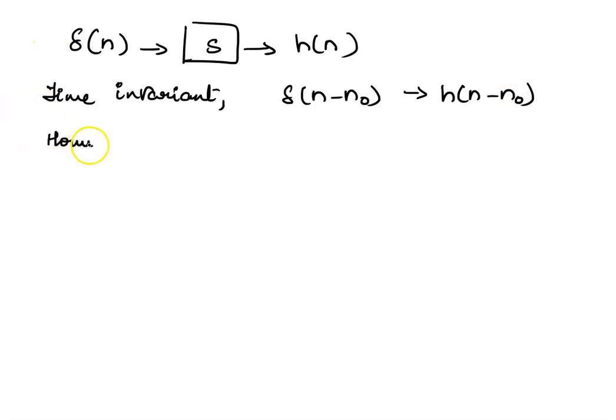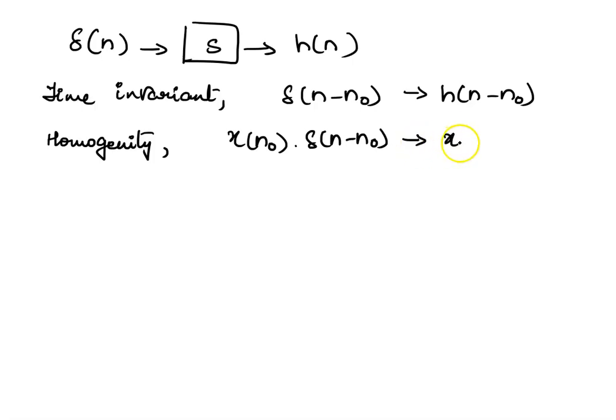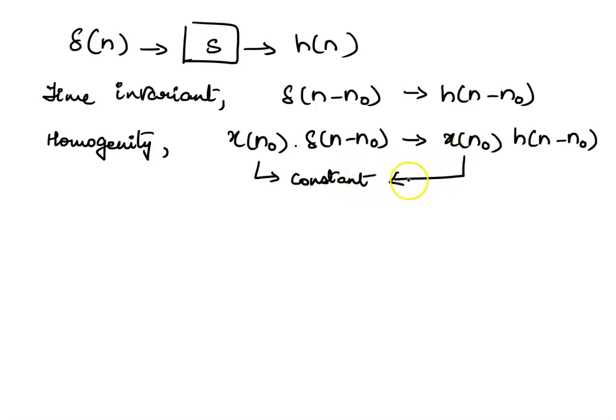Now I add the concept of homogeneity, splitting linearity, and multiply my impulse with x of n naught. x of n naught is a constant, the value of x of n at that particular time n naught. Because of homogeneity, the right hand side is also multiplied by the constant.